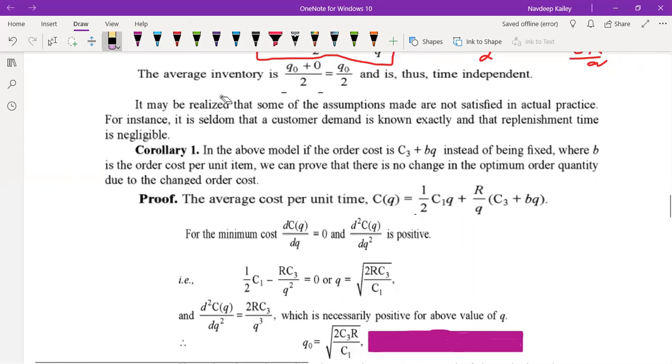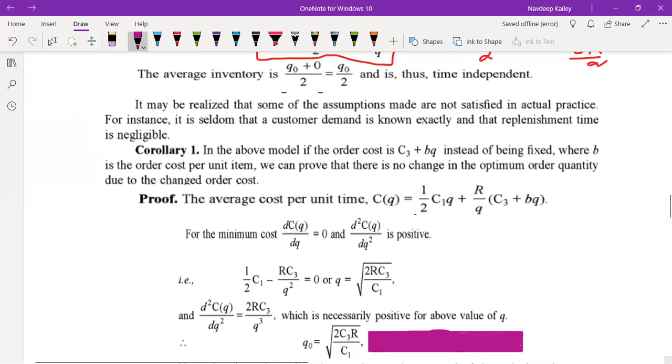Now, based on this, I am going to discuss one corollary. If in the above model, the ordering cost is replaced by C3 plus BQ instead of being fixed, then we have to prove that there is no change in the optimum order quantity due to the changed order cost.